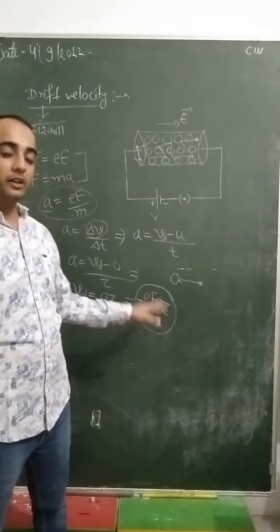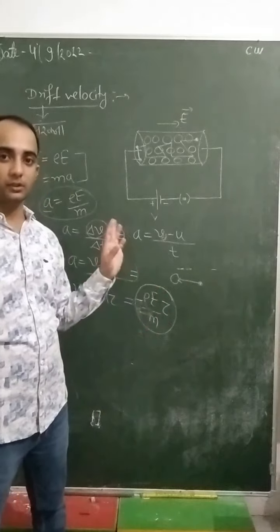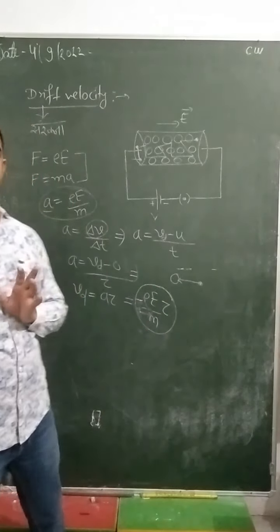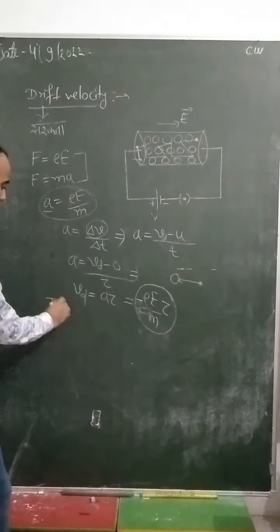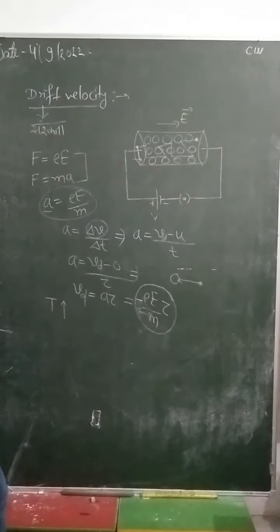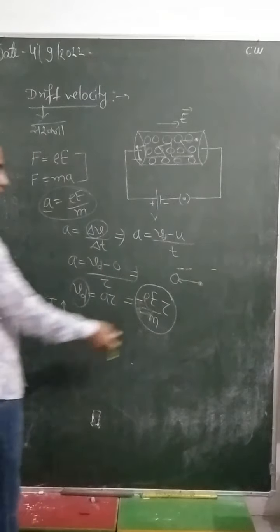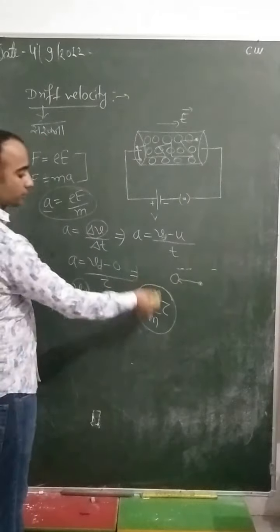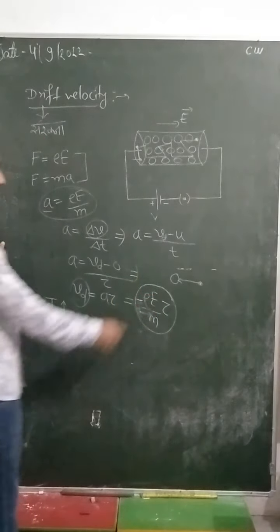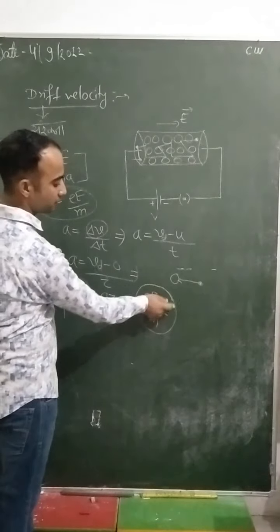What will be the effect of the other parameters on drift velocity, like temperature? If we increase the temperature, what happens to the drift velocity? You have to check along with these relations. On increasing the temperature, what will change in these parameters? E remains the same, m remains the same.